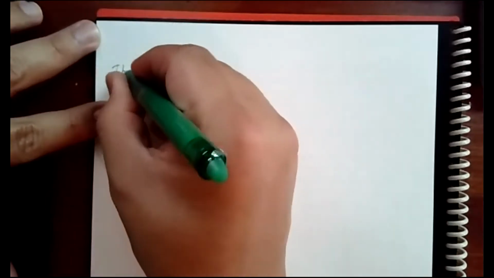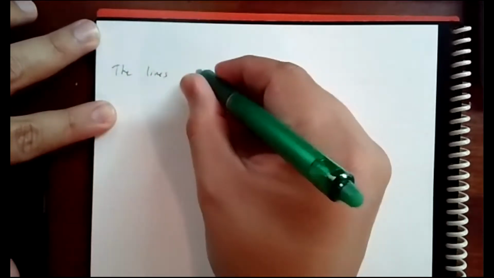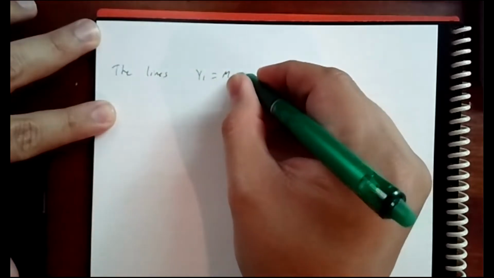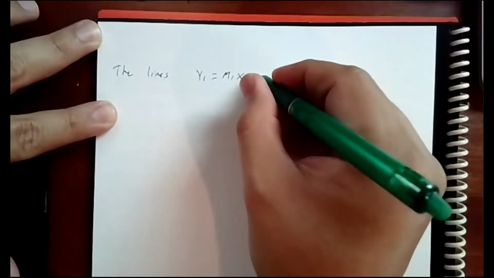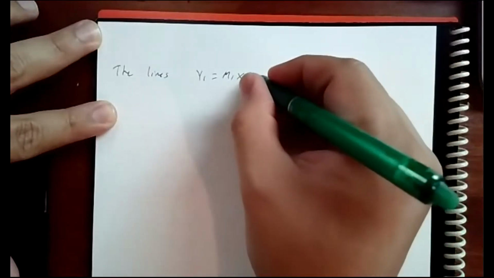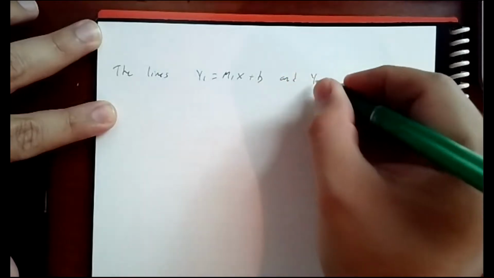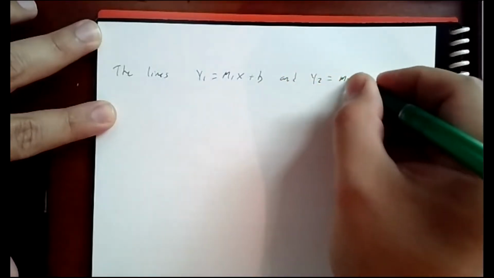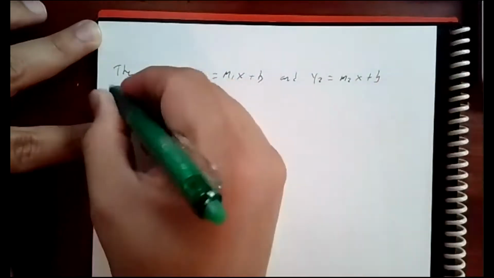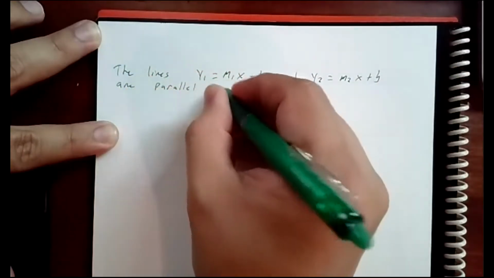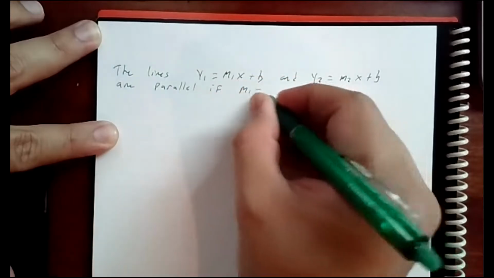The lines y1 equals m1 x plus b, and y2 equals m2 x plus b, are parallel if m1 equals m2.